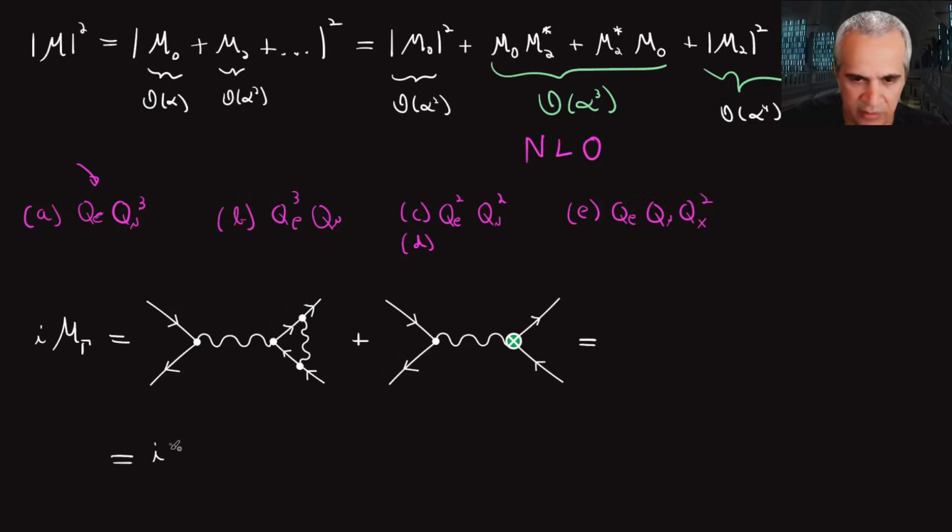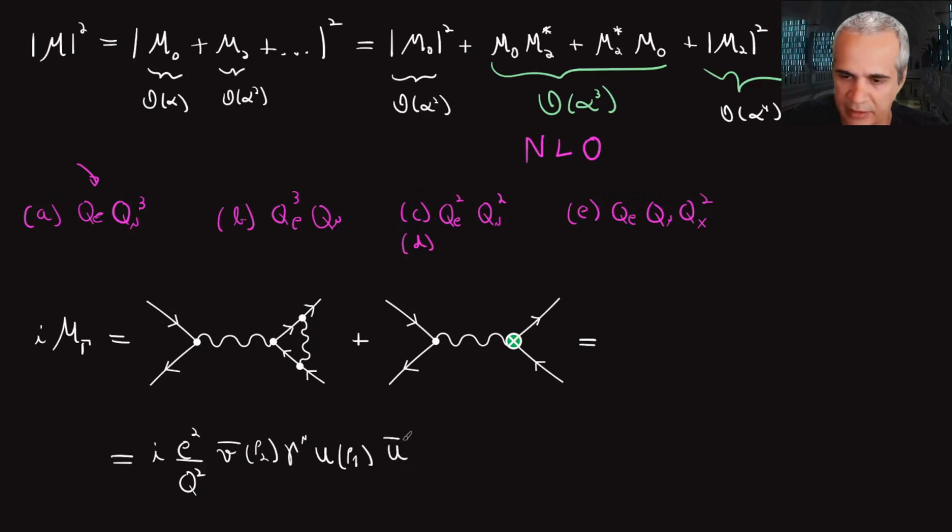Let's see how. Let's just write this as i e squared over q squared, v bar of p2, gamma mu, u of p1. So you see the left side here is unchanged, is this piece. And then the right part is where the change happens.